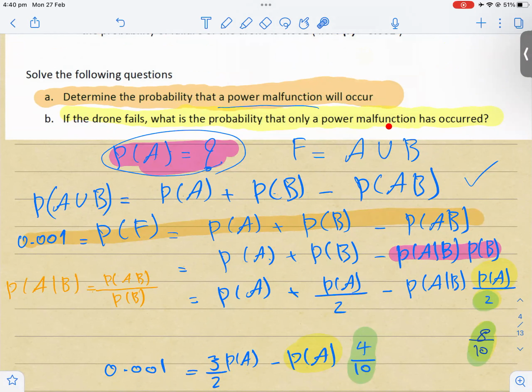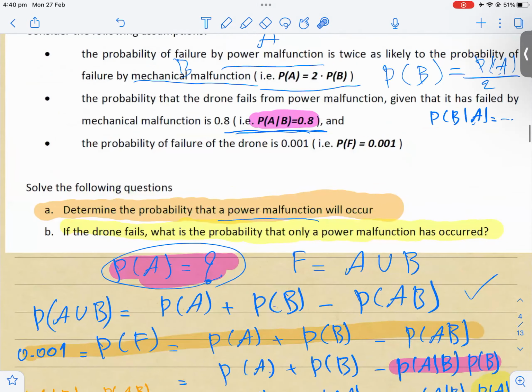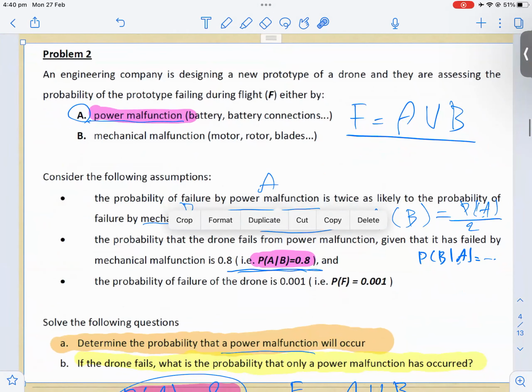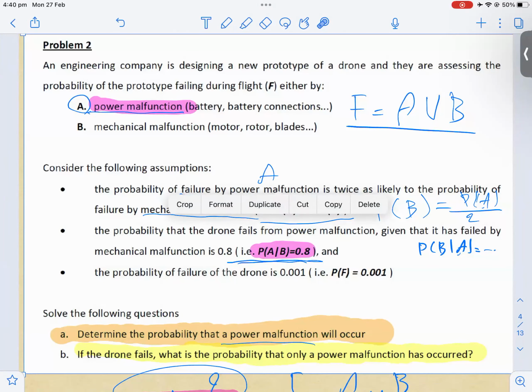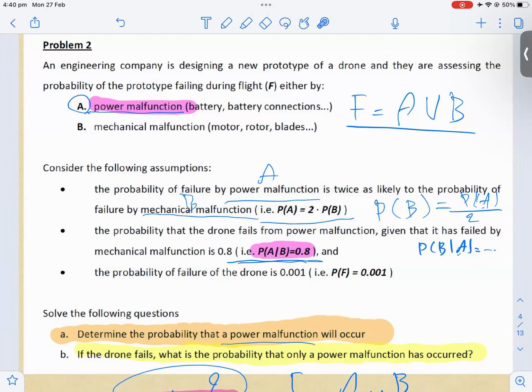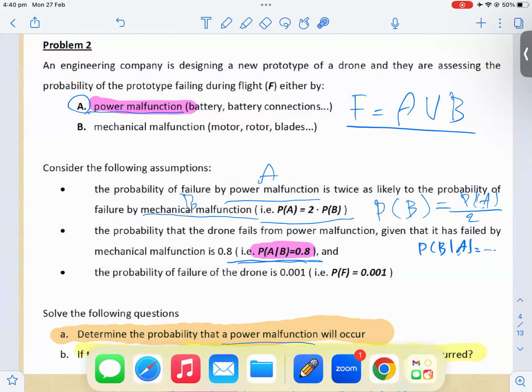It says only power malfunction, which means there was no mechanical malfunction. I keep saying mechanical engineering, actually it's mechanical malfunction.